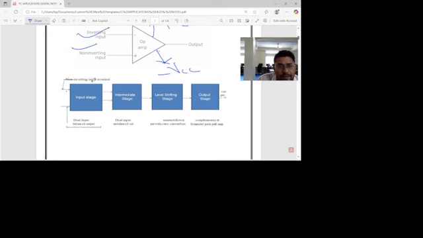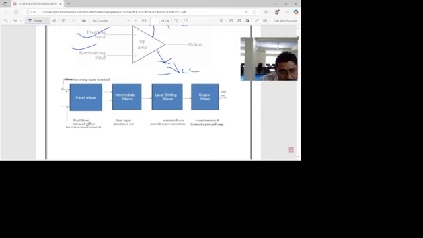This is the non-inverting input terminal, and this is a dual input balanced output. There are four varieties of inputs available. First is dual input, balanced output.